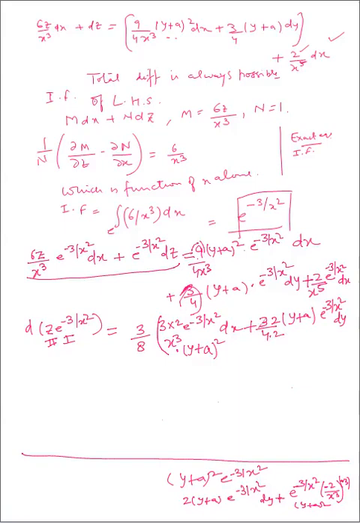We take this also out, so this is 3 upon 8, we put another bracket, and this is the bracket.